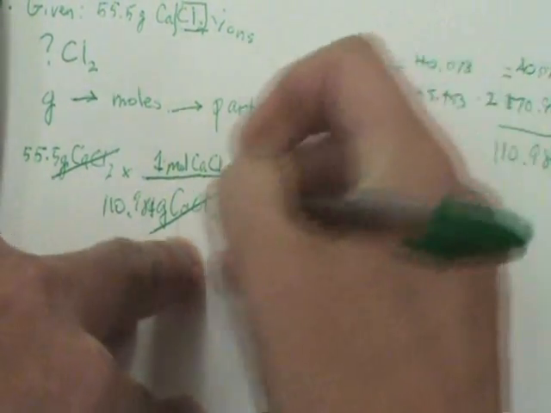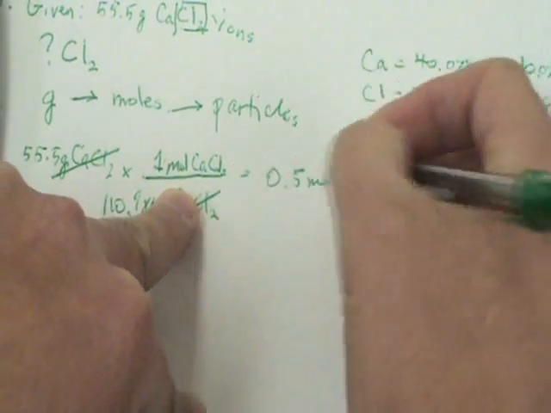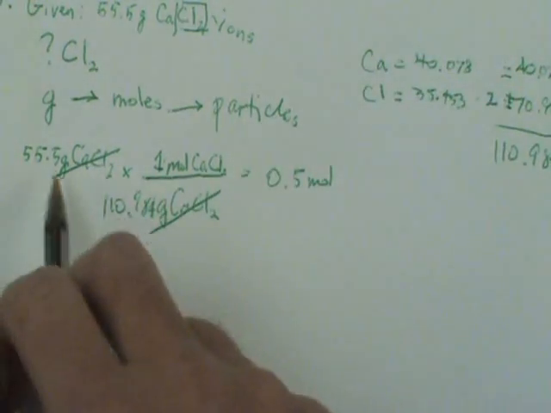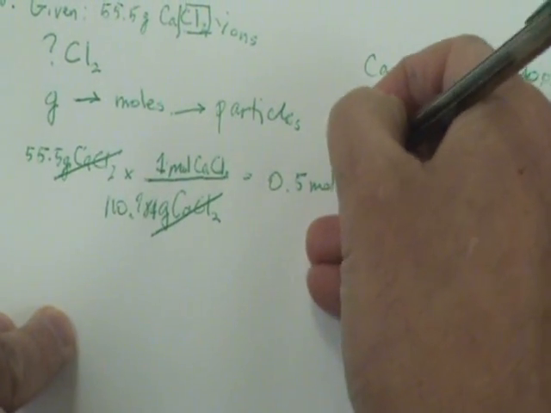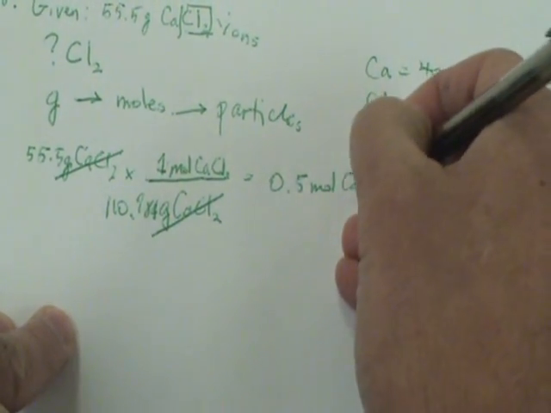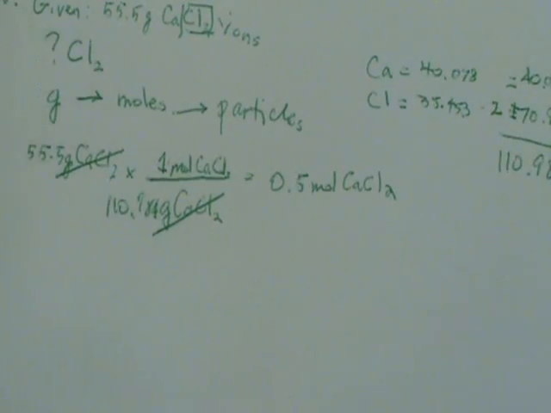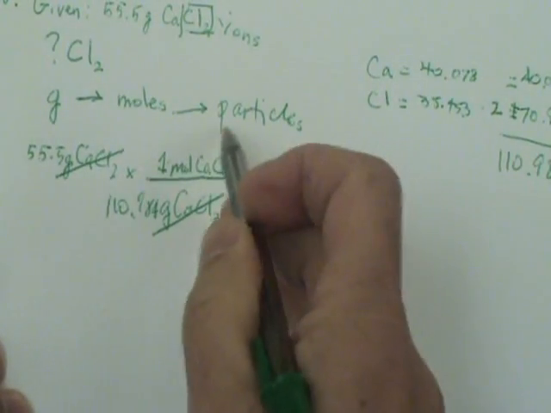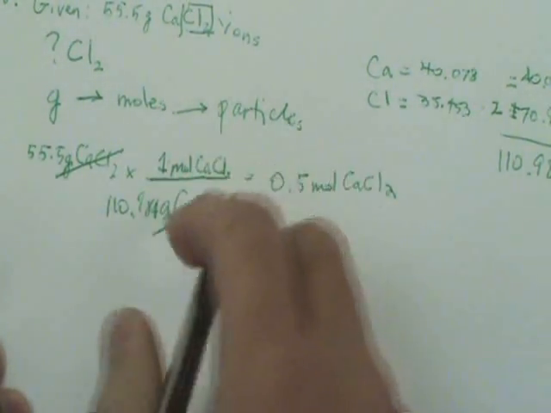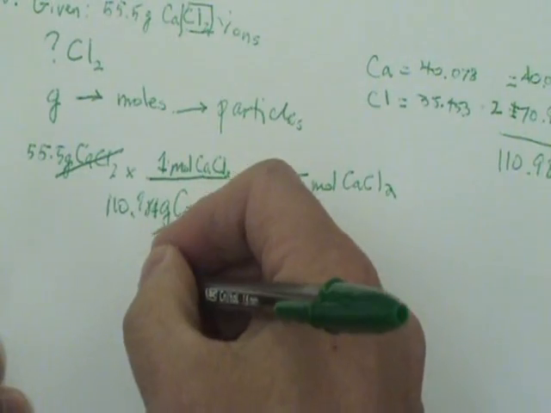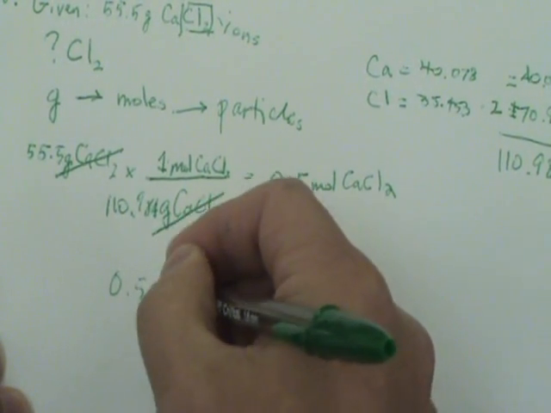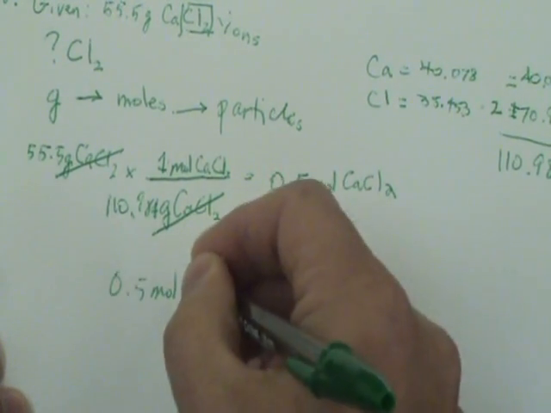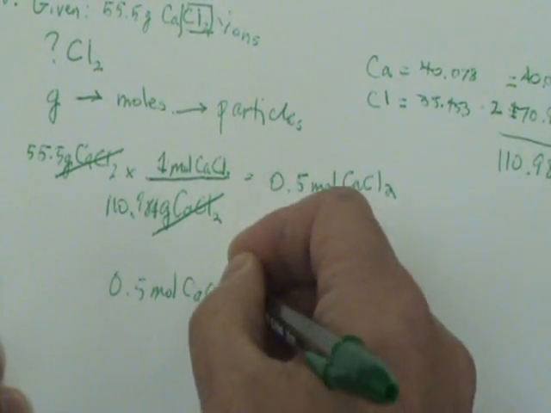That's our unit that's left. So now we've converted from grams to moles. We've determined that this is equivalent to half a mole of calcium chloride. Now we've got the moles, and we're going to convert to particles. I'm going to write it down here. We have half a mole of calcium chloride.